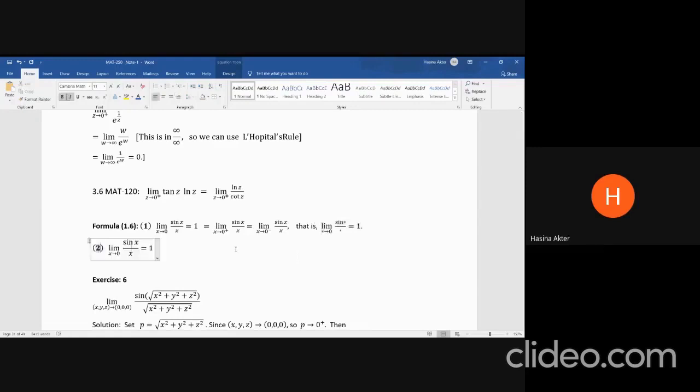And the other one is limit as x approaches 0 of (1 minus cosine x) divided by x. This is 0.